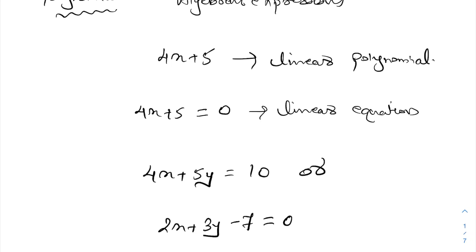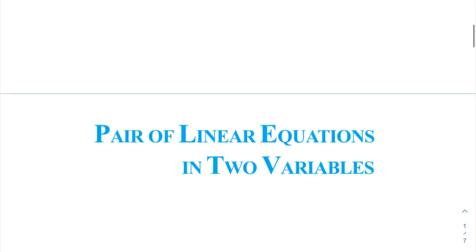It is a linear equation with two variables. No problem whether on the other side a number is present or not. Here also two different variables are present, so this is also an equation with two variables.